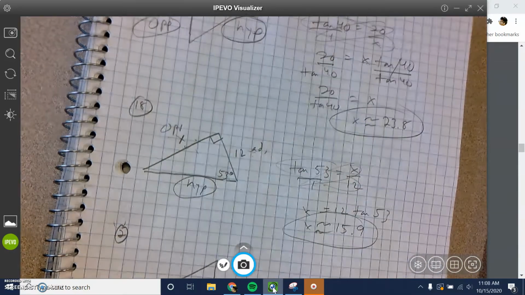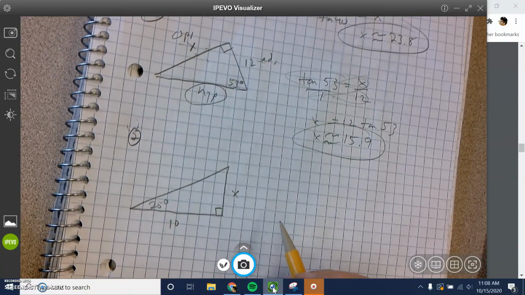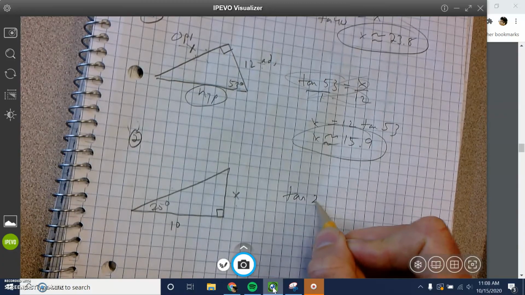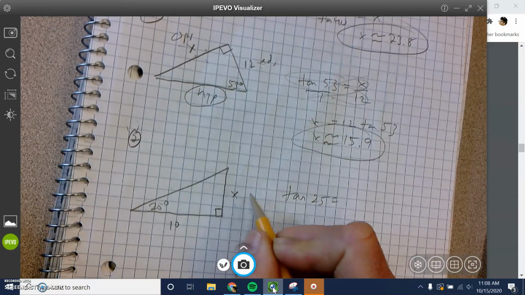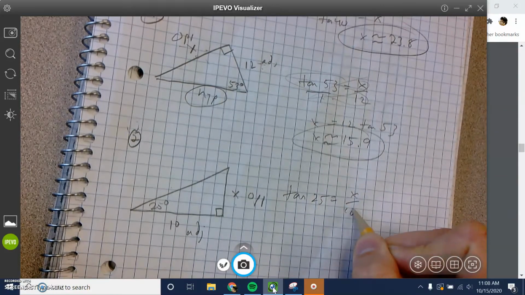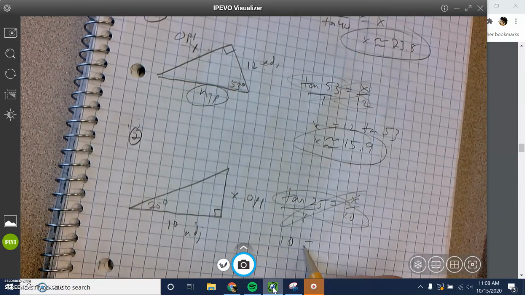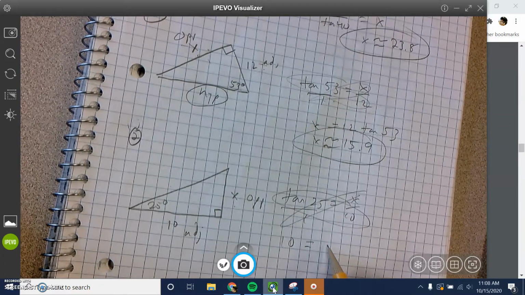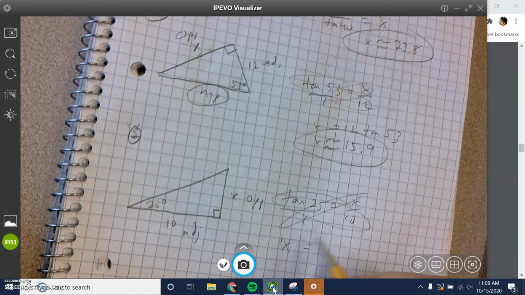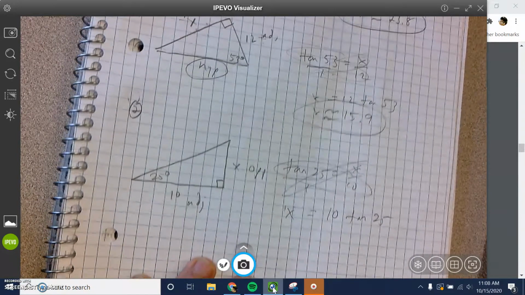Got it. Number 2, 25 degrees, x and 10. What do you get? Oh, there's another tangent. Nice. So tangent of 25 equals opposite over adjacent, x over 10. Cross multiply. x times 1 is x, equals 10 tangent 25.